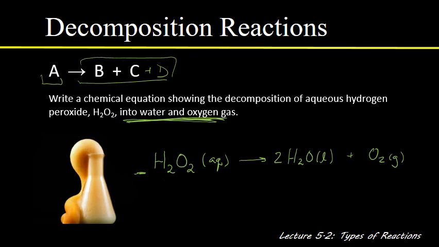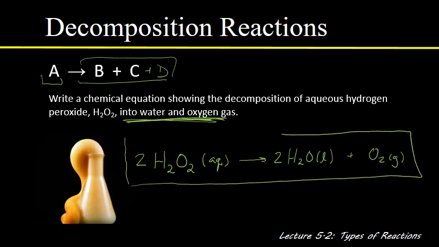And that gives us 4 hydrogens on the left and 4 oxygens on the left. And so we can balance that whole thing if we just put a 2 here on the left, right? I think I may have just mixed up my left and my right. Apologize for that. But in any case, there's our balanced reaction. Okay.